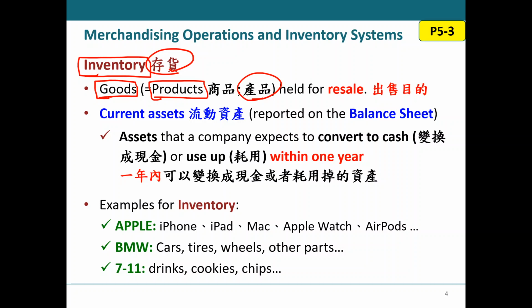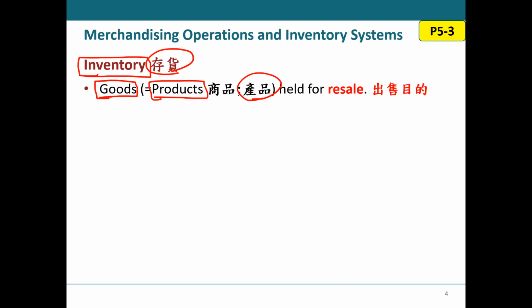Okay. So the keyword is sale. Every time we talk about inventory products, remember they are only for resale. Resell means they only want to sell it to customers.